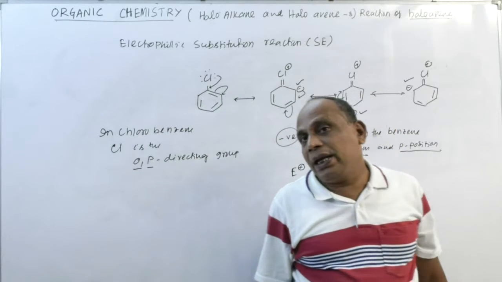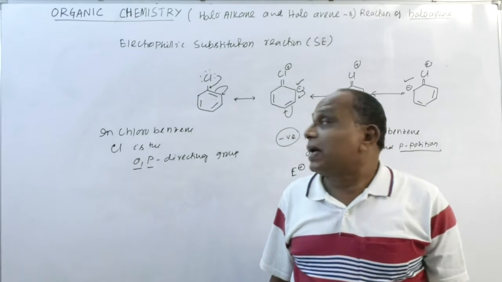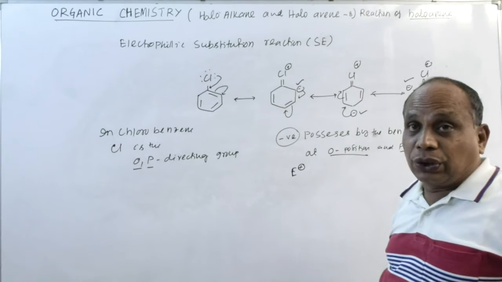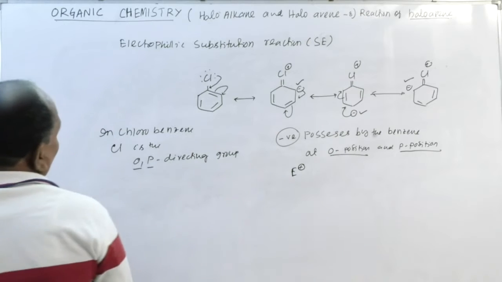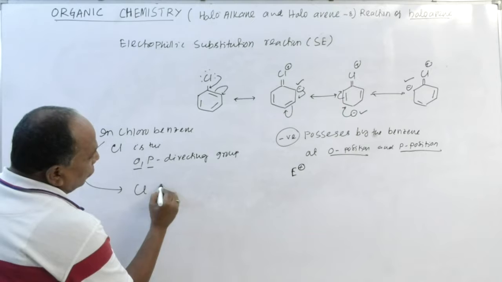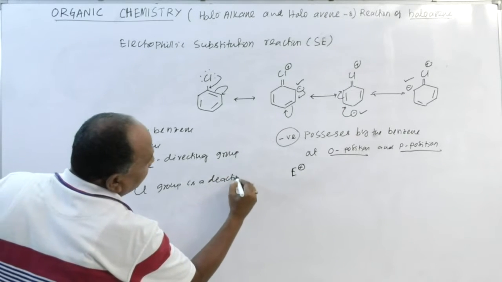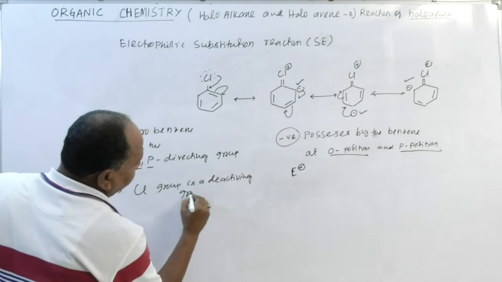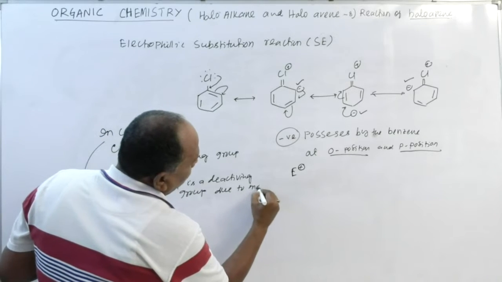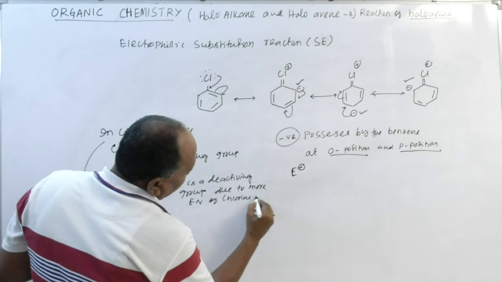Generally, ortho-para directing groups are activating groups, meaning they facilitate attack of the electrophile at the ortho and para positions. Activating means that due to the presence of the ortho-para directing group, the benzene ring possesses negative charge at the ortho position or the para position. But in case of chlorobenzene, the Cl group is a deactivating group due to the high electronegativity of chlorine.